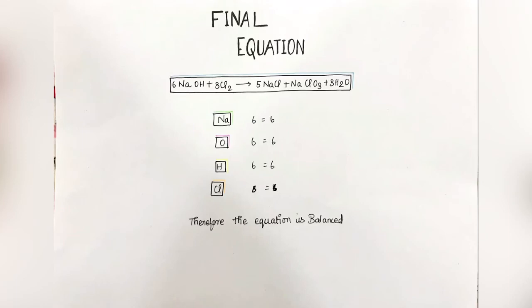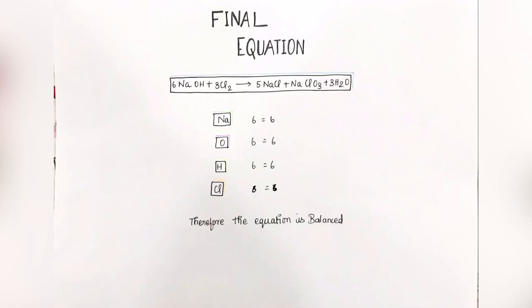To find whether the equation is balanced or not, we have to find whether the atomicity on both the reactant side and product side of each element is equal or not. For the first element, sodium Na, the atomicity on both the reactant side and product side is 6. And for the next element, oxygen, the atomicity on both the reactant and product sides is equal.